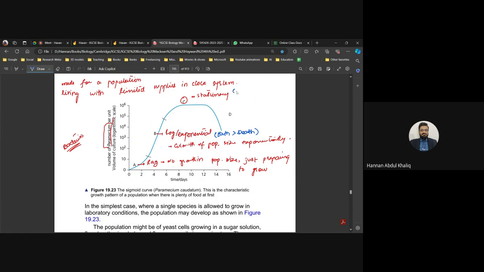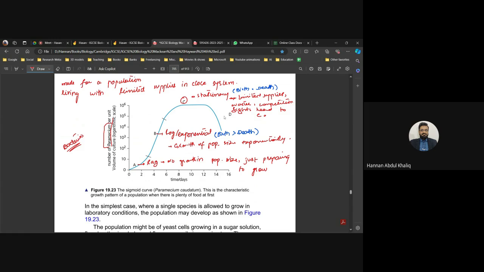But in the stationary phase, the birth rate is equal to the death rate, meaning no net growth. Stationary phase is a phase in which, due to limited supplies, wastes and competition and fights lead to C, meaning stationary phase.